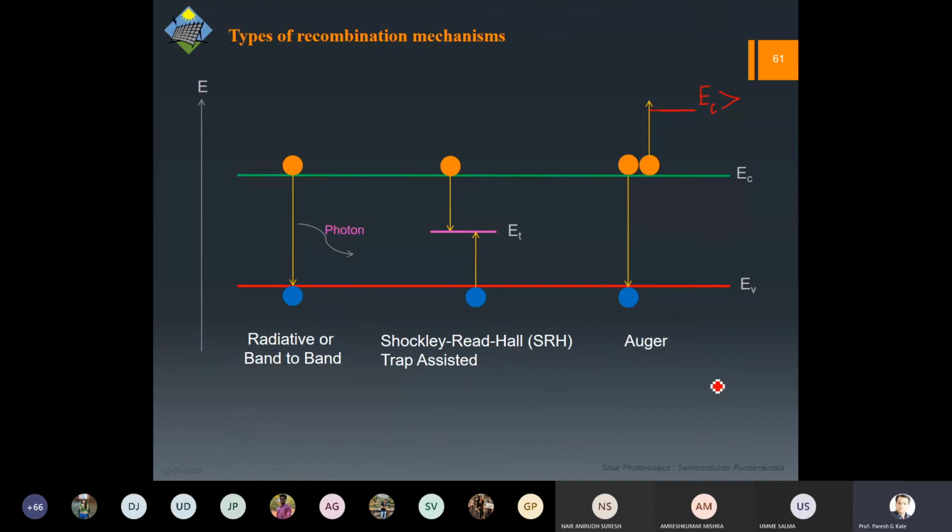This is called Auger recombination. So these are the three possibilities and three dominant mechanisms in general in semiconductors. However, as I've said, it depends on the device, on what other properties of the material we are optimizing for a particular device, and that decides which type of recombination mechanism would be present in our device.